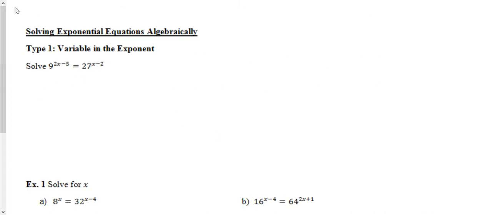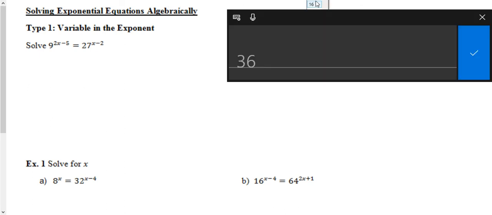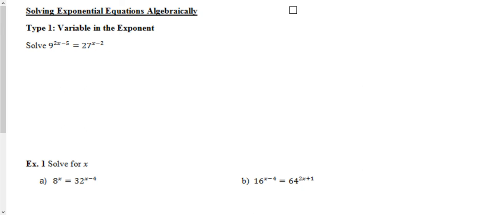In the next example here, we're trying to solve for x algebraically. So here it says variable in the exponent. So what do we want to do? Well, we want to follow a few things. The very first thing, and these are some quick notes that you may or may not want to copy down: step 1, change each term to a common base.